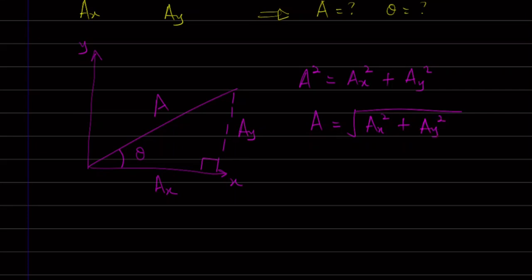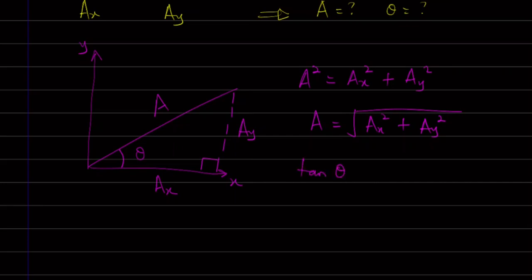So our original vector becomes the square root of AX squared plus AY squared. If you are given the components of the vector, we just need to square them, add them together and find the square root. That will give us our original vector. Then how do we solve for the direction of the original vector? We can use either sine or cos, but typically it has its own formula, which is tan.